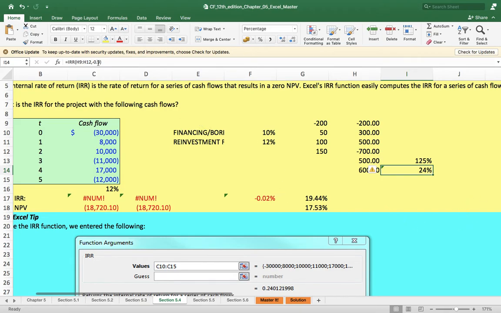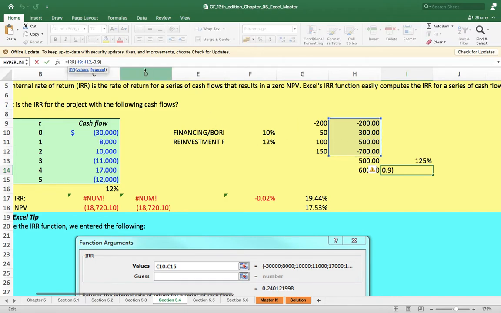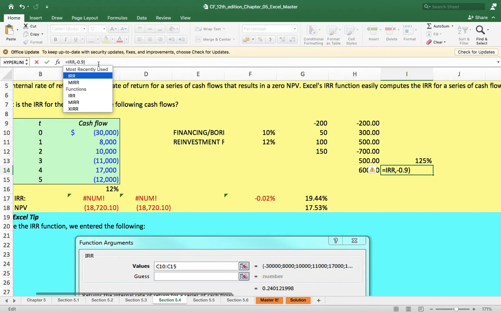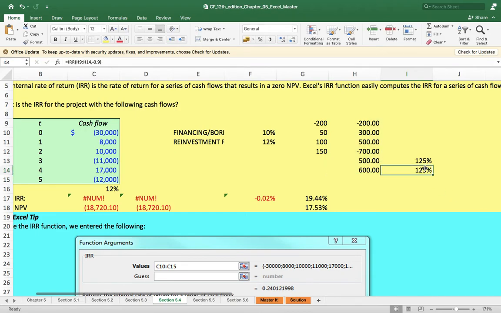Here also we can take this, and it will come the same. See, now that was different: one with a guess, one without a guess.